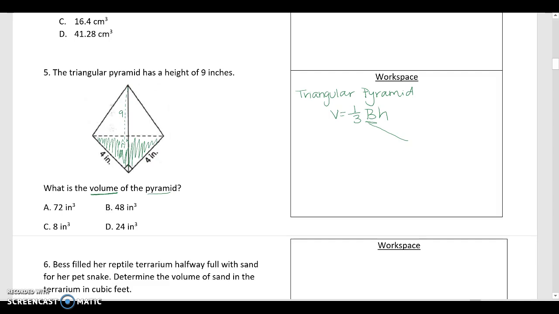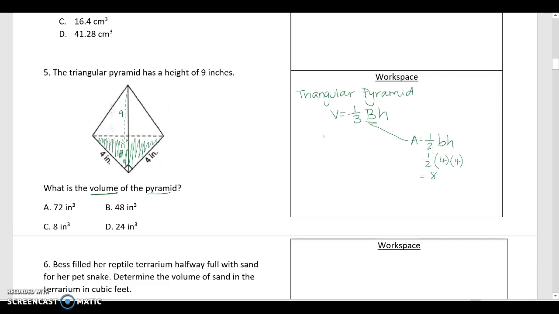We said that my base is a triangle, so I'm going to do area equals 1/2 base times height. I'm going to plug in my numbers, 1/2, 4 and 4, so 4 times 4 is 16. Half of 16 is 8.